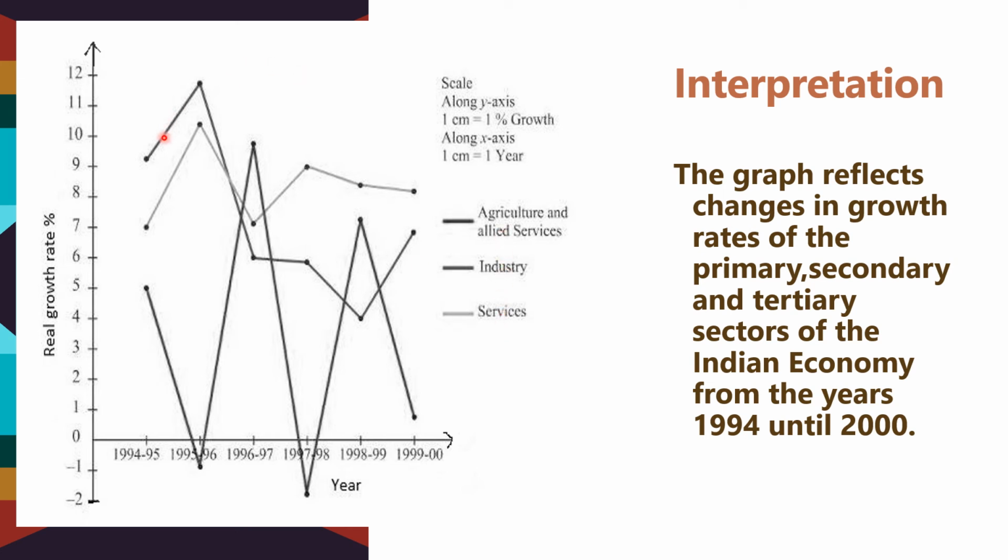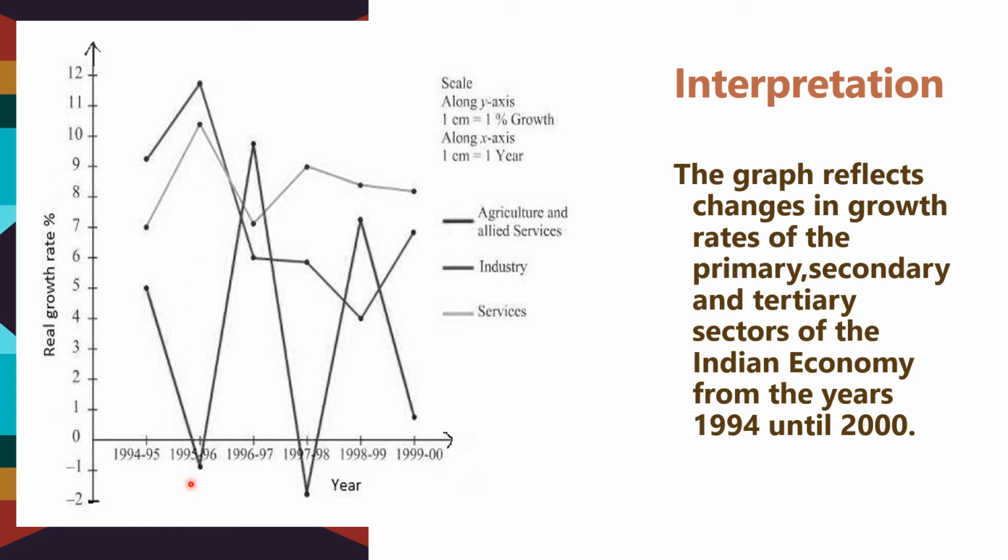You see that industrial growth rate fell initially and then it picks up in 1998-99 and goes upward. There's an upward trend. Services, on the other hand, has been quite stable from the year 1997-98 up till 1999-2000. However, there has been a peak in the growth rate of services in the year 1995-96.